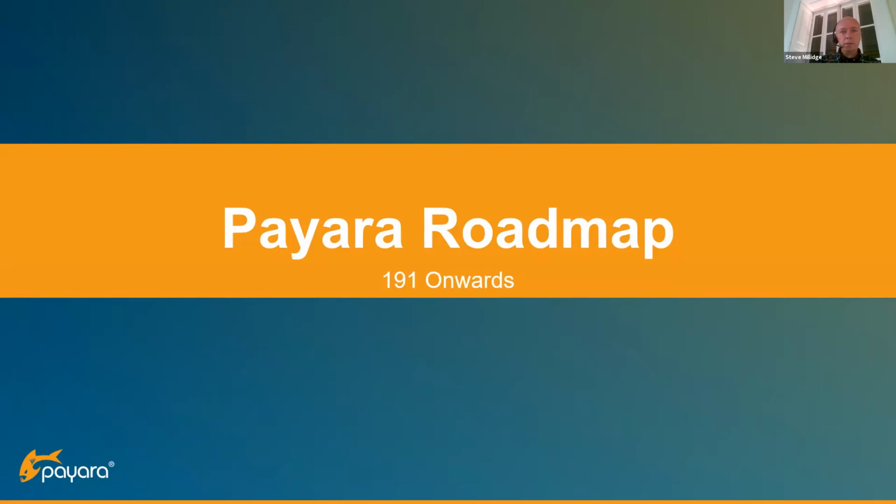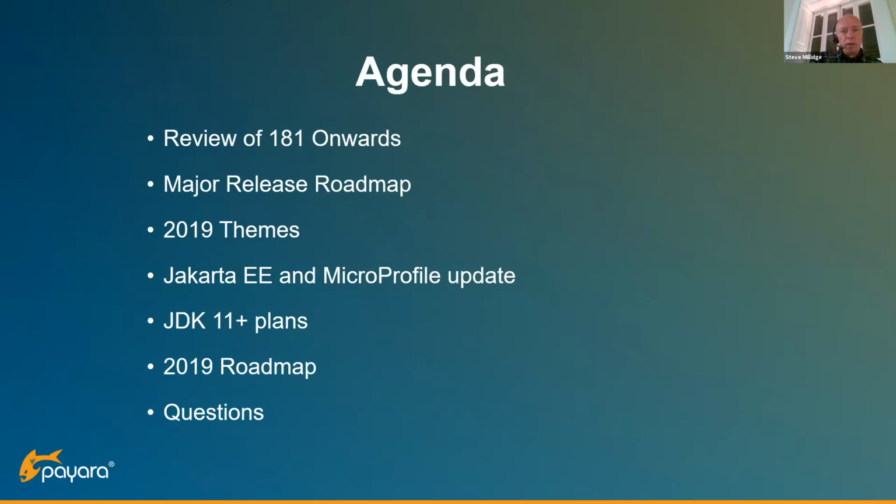Sure. So basically, I'm going to take you through the roadmap for Payara Platform for 2019. What I'm going to do is take a look at what we delivered last year, some of the highlights of 2018, which you may or may not know about. I'll then go through a roadmap for major releases, as there are some things happening around Payara 4 as well in this timeline.